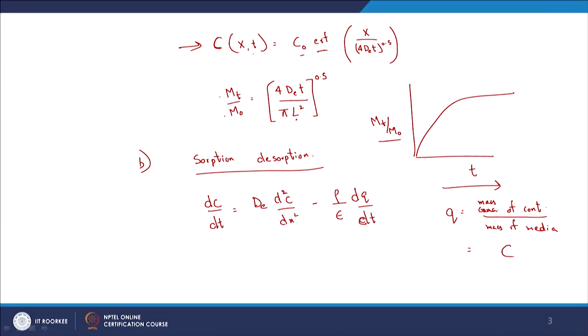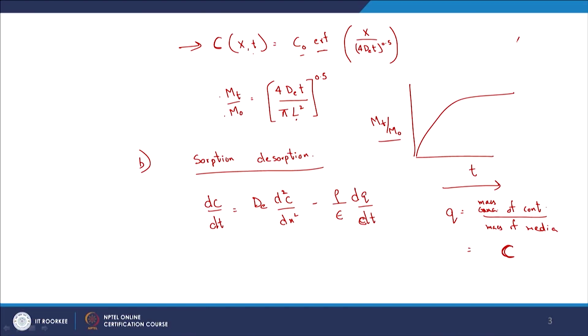So, Q will obviously depend upon the concentration in the aqueous phase. For example, let us say you have a solid here and a compound can either be in the aqueous phase or it can be adsorbed onto the solid. Now, how is it going to depend? It obviously is going to depend upon the number of molecules or the concentration in the aqueous phase.